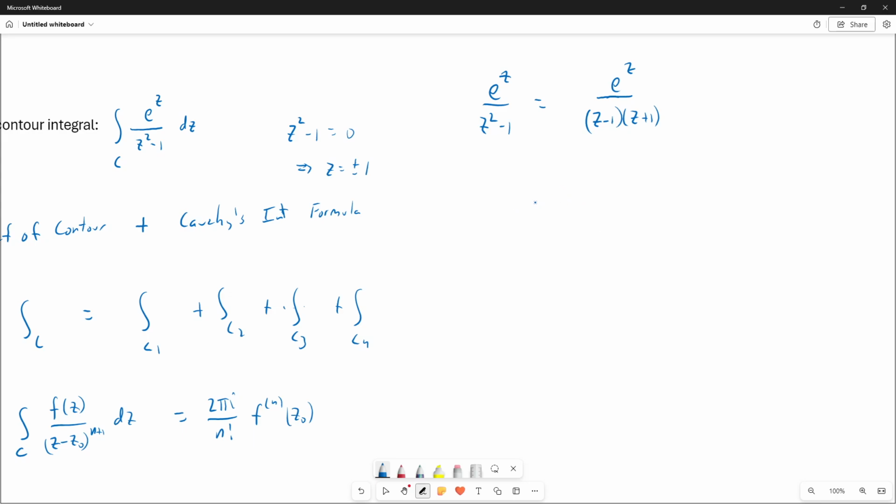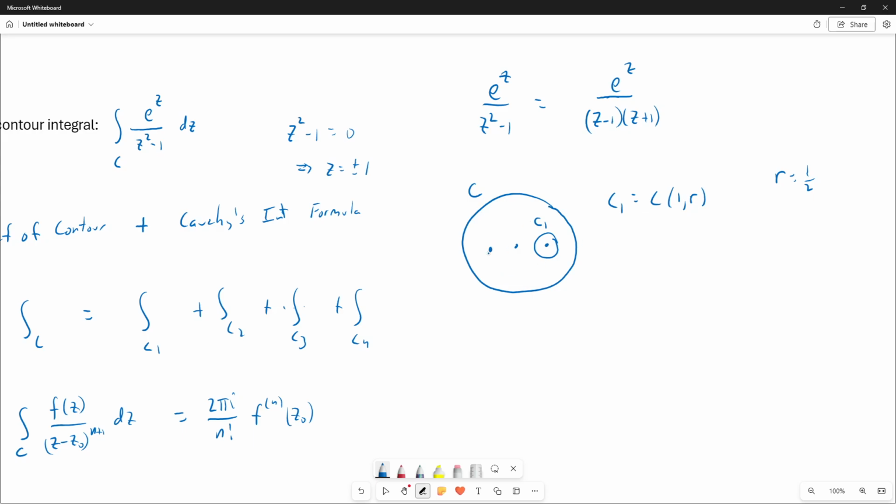And now our original circle, centered at the origin, has a radius of 2. So here's the number 1. We're going to take a small circle around the number 1, and we'll call that C1. So C1 is some circle centered at 1 with a small radius. Maybe r is 1/2. That'll work.